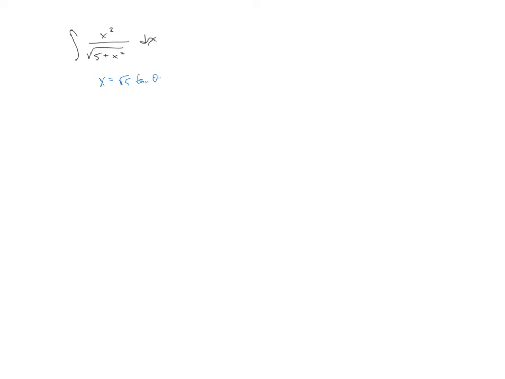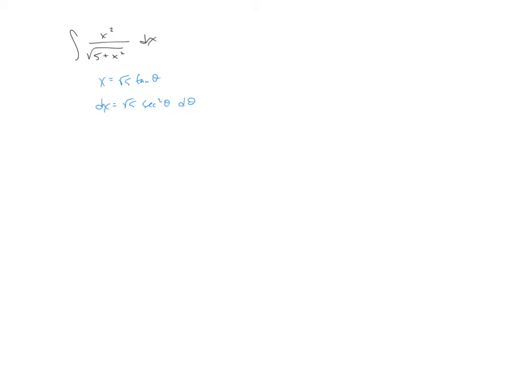Okay? Now, we're about ready to change variables, from x's into thetas. So we need a substitution for the dx as well. That's going to be root 5 secant squared theta d theta. Every place I see an x, I'm going to plug this in. So I'll have an x squared there and an x squared there, and then my dx is going to be this thing right here.